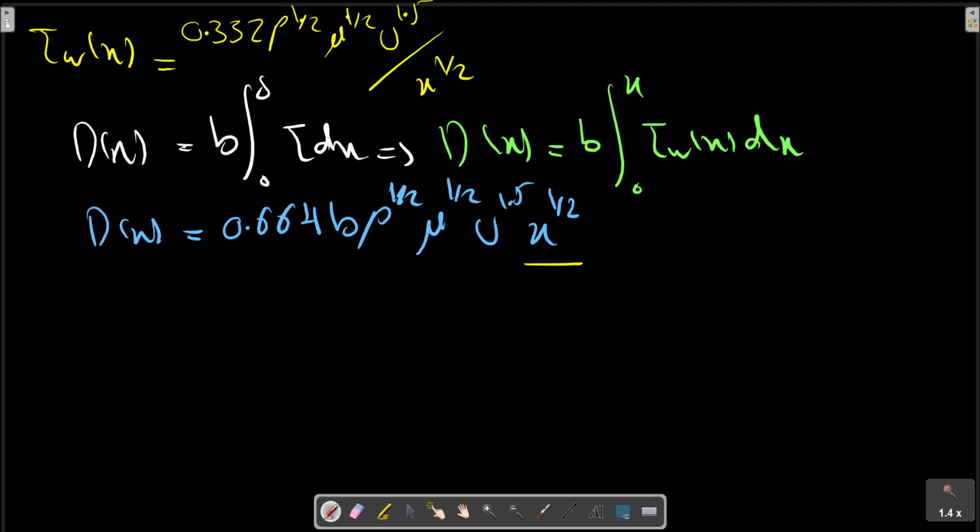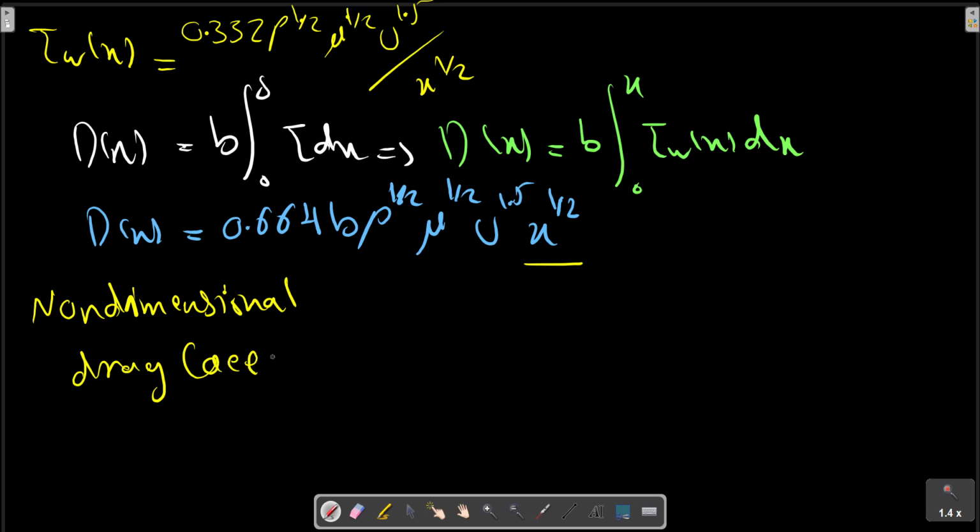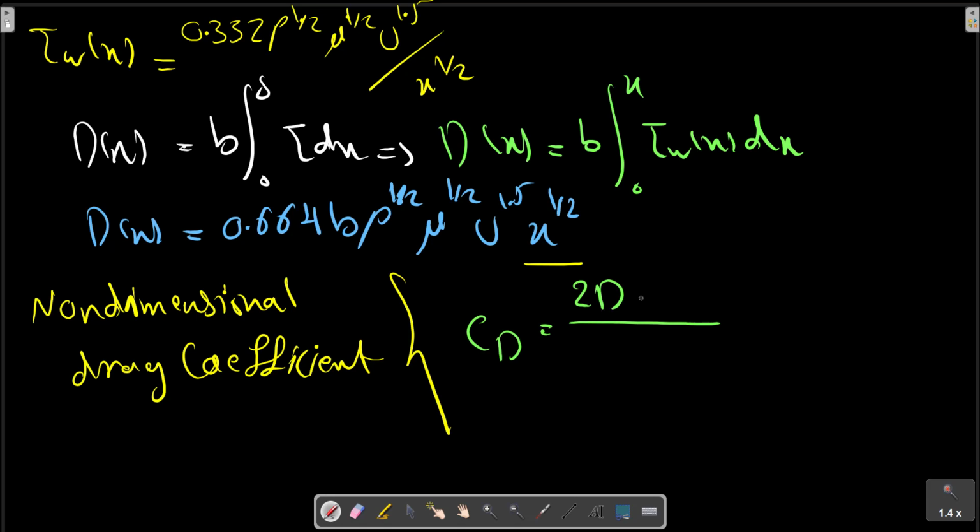The non-dimensional drag coefficient is defined as follows, so we can obtain the dimensionless or non-dimensional drag coefficient CD equals this relation, 2D multiplied by L, over rho U square bL.